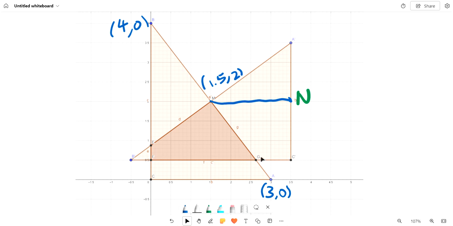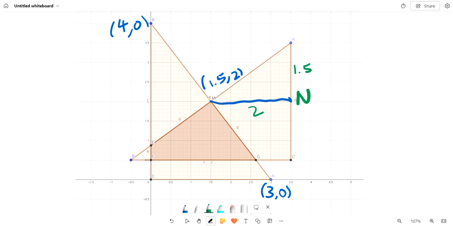Because we find that those are similar, then that means the ratio of the lengths is also similar. So since A prime C prime is 3, then that means that A prime M is just 1.5, and same logic with MN.